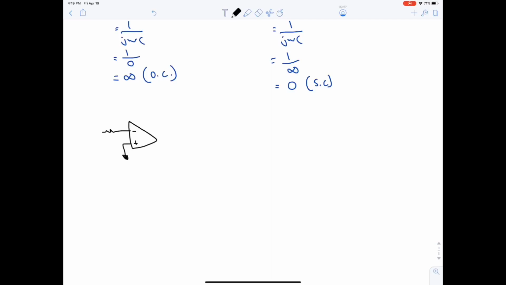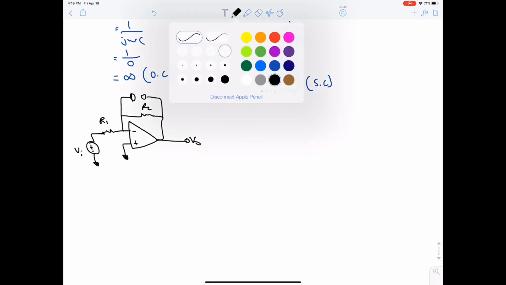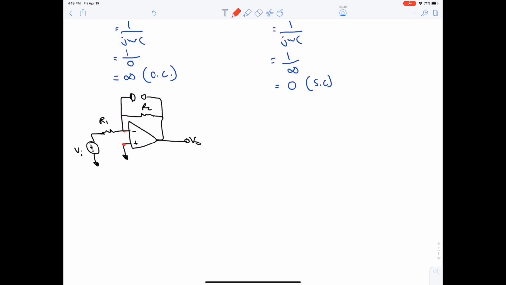Here we have R1, voltage source V input. Here we have R2, and our capacitor is open circuit. Now, what is the value of the output? We said that we need first to find the values of Vn and Vp. This is 0.